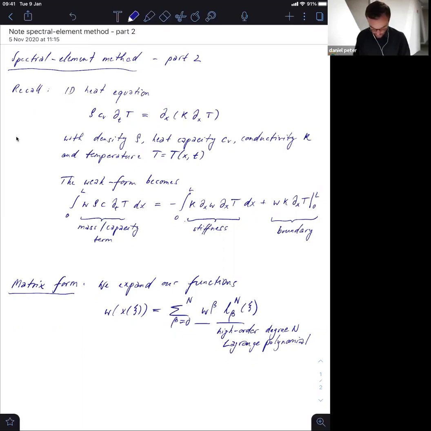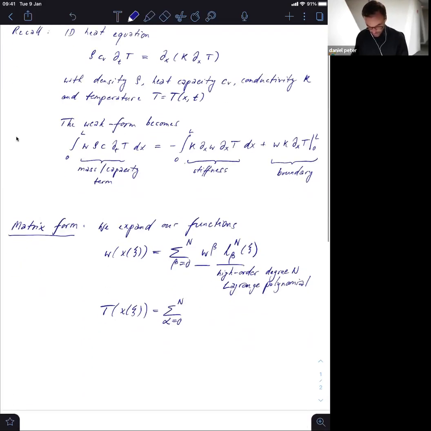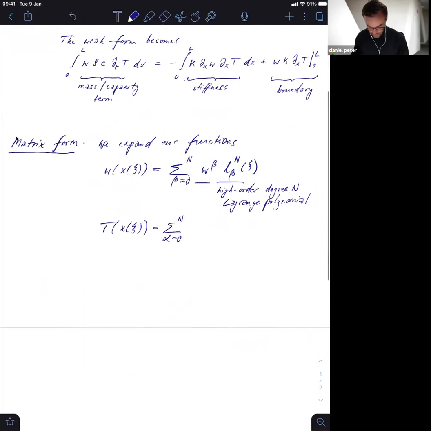So the same for the temperature field. We use the same basis functions, meaning the same Lagrange polynomial here. Let's use an index alpha from 0 to n. Then the coefficient will be T alpha.